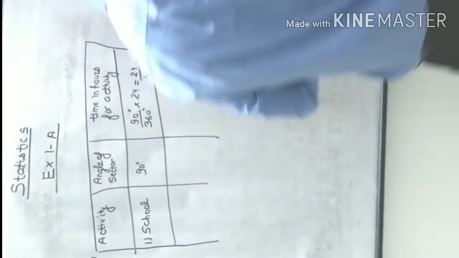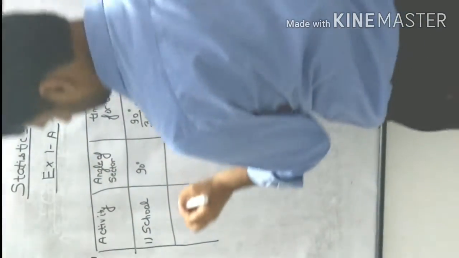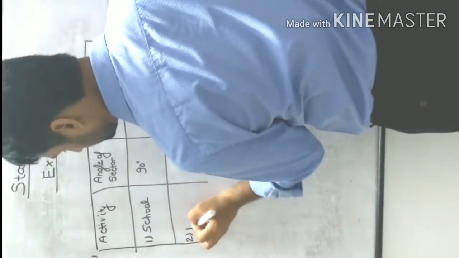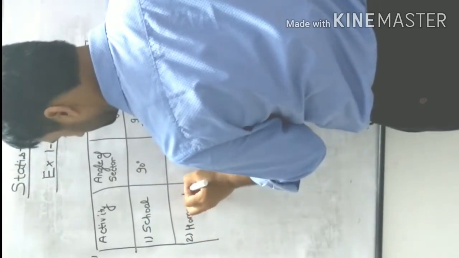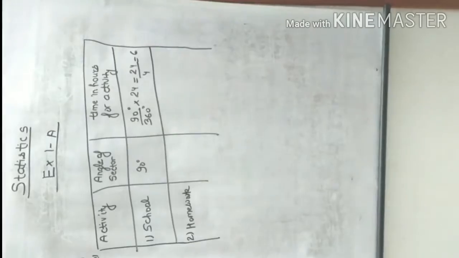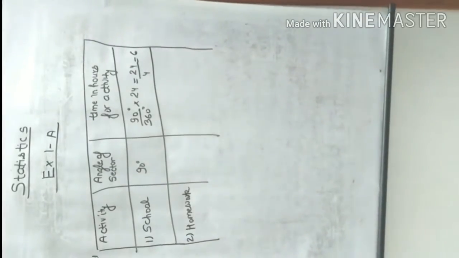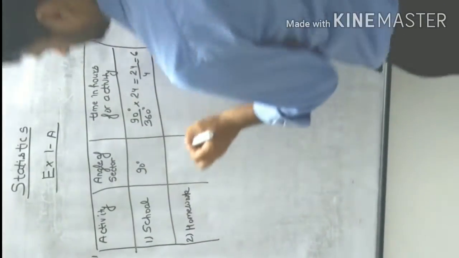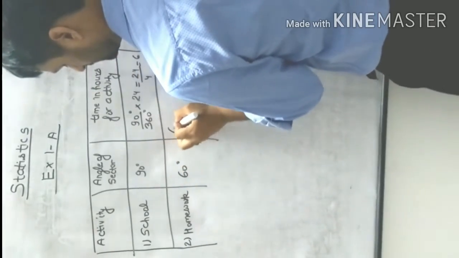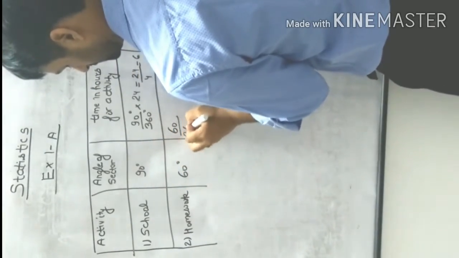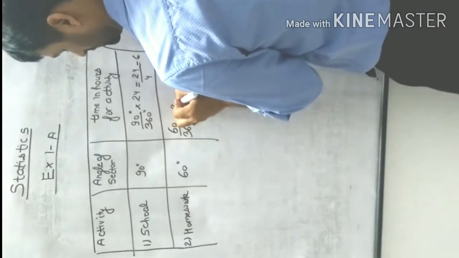Second activity is homework. For homework, how much is the angle? 60 degree. How to find that? 60 upon 360 into 24.